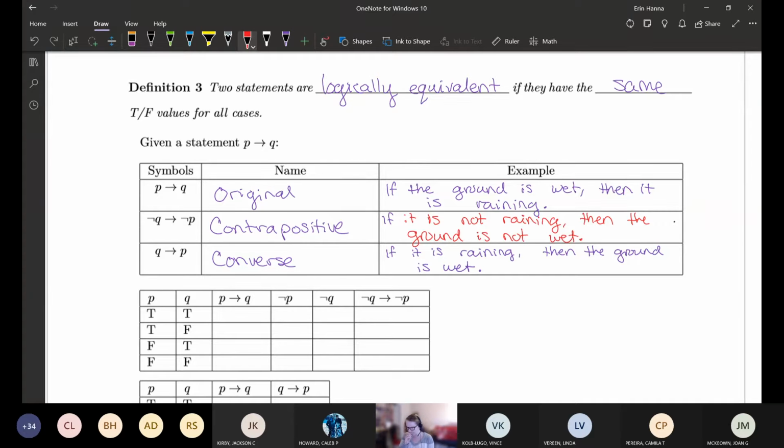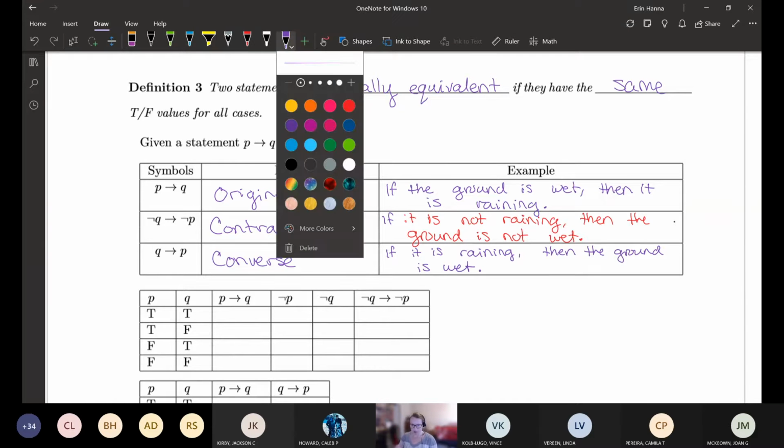Sorry about that. So yeah, sorry, for the contrapositive, you not only have to switch them around, which I didn't do, you also have to negate them. Give you a couple seconds to finish writing that down.